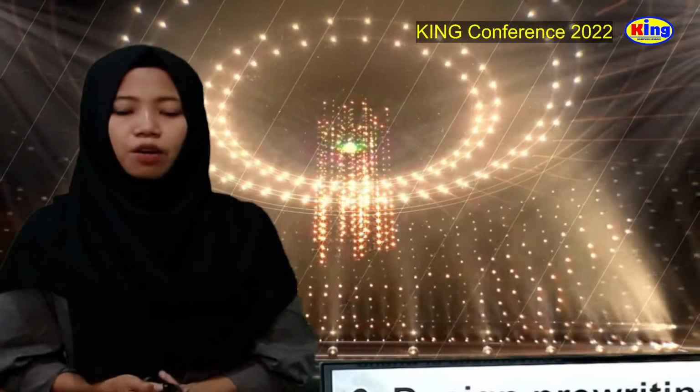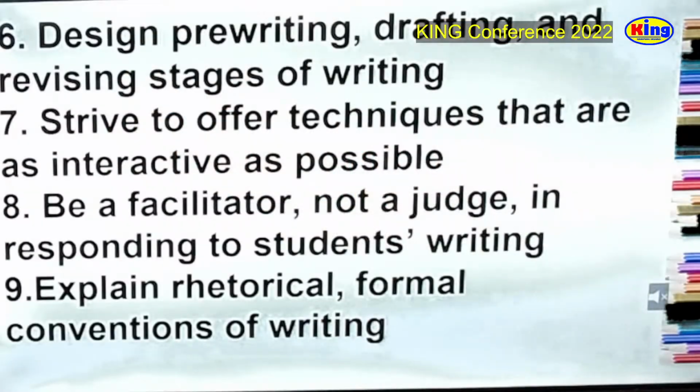Design pre-writing, drafting, and revising stages of writing. Number 7, strive to offer techniques that are as interactive as possible. Be a facilitator, not a judge, in responding to students' writing. And then explain rhetorical and formal conventions of writing.